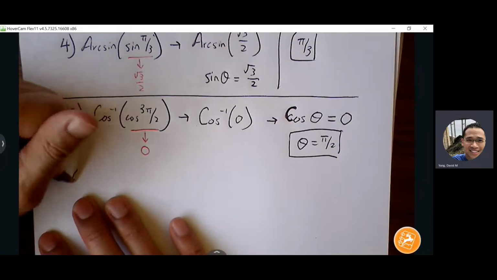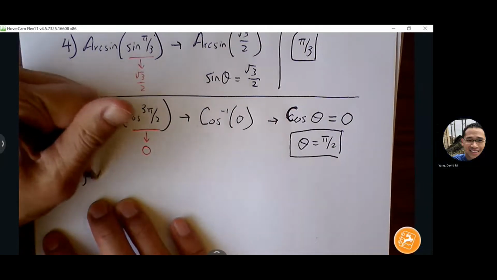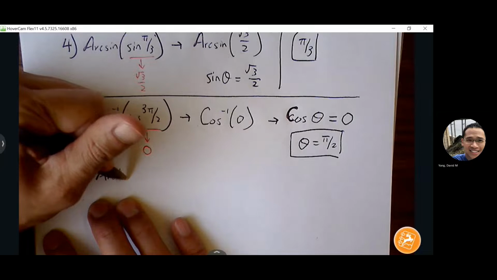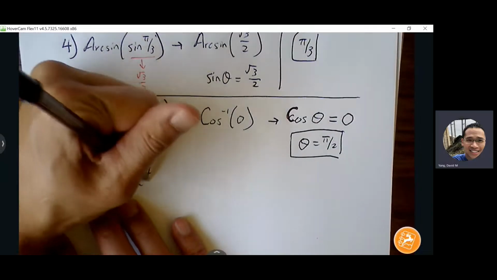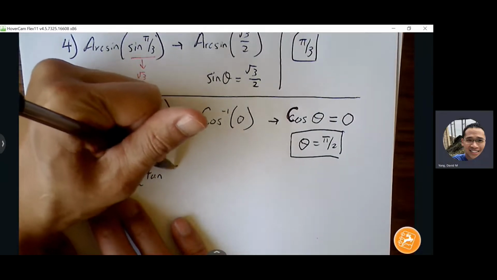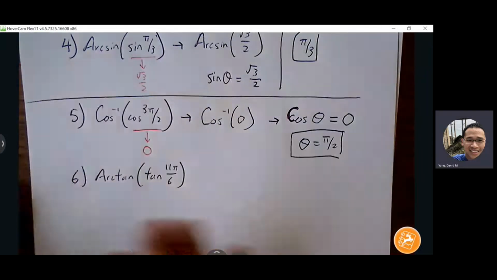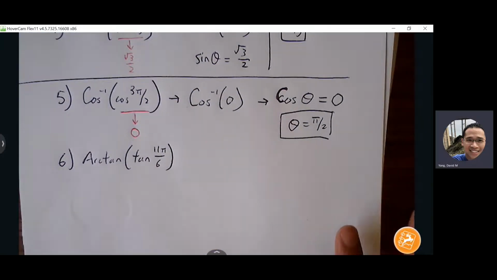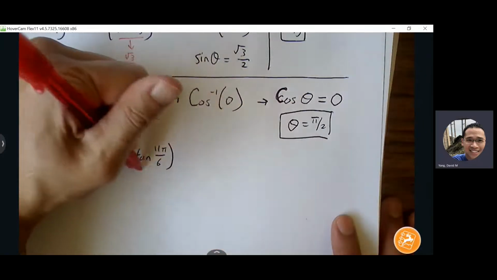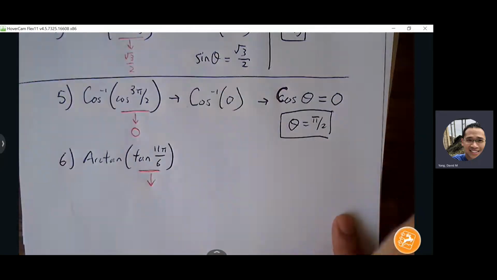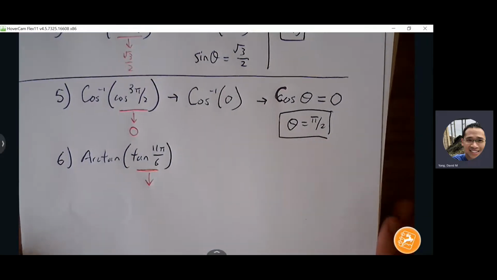All right, number 6. First things first, start with what's inside the parentheses. What is tangent of 11 pi over 6?